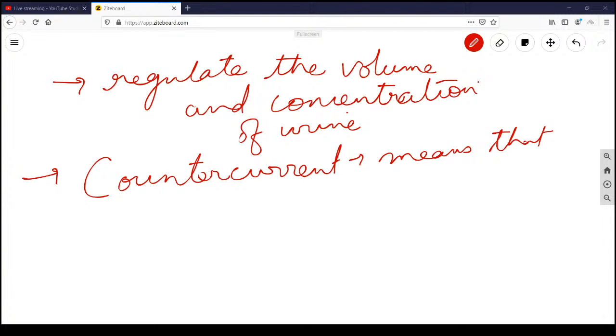between fluids moving in opposite directions.